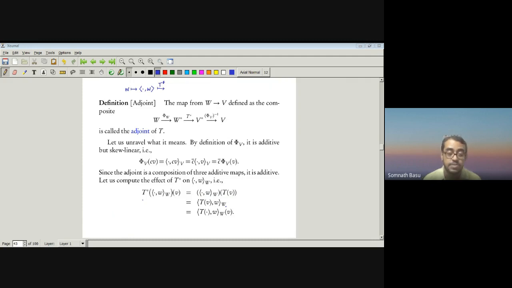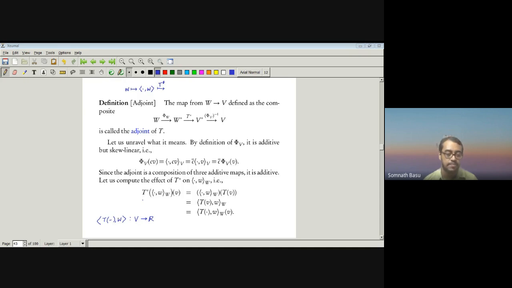But now I'm saying this is the same thing as taking T of this thing acting on v. Think of T of dash comma w as a linear map from V to R. Given any v, I plug it in here and apply Tv.